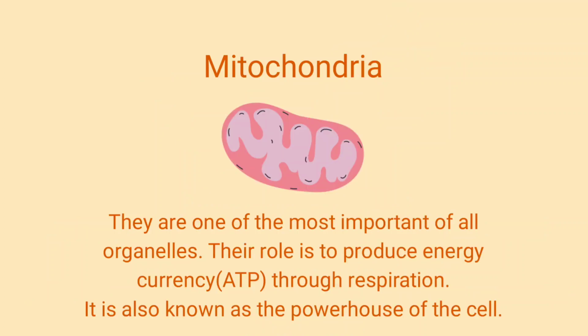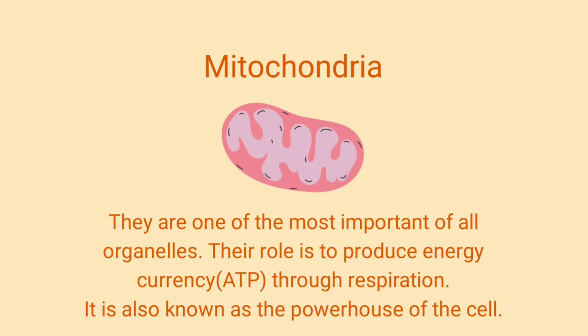Next cell organelle is mitochondria. Mitochondria is a special and most important cell organelle. Its function is to produce energy for the whole cell, and it is also known as the powerhouse of the cell. It produces energy in the form of ATP, adenosine triphosphate.